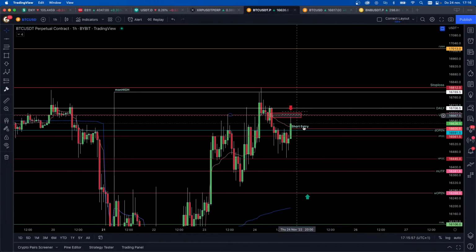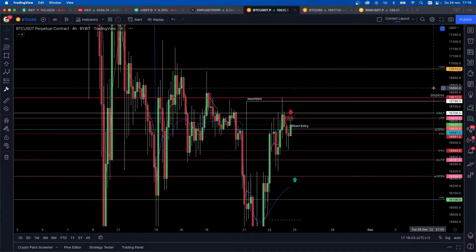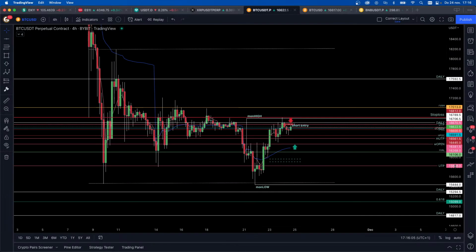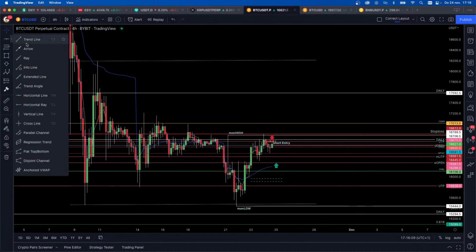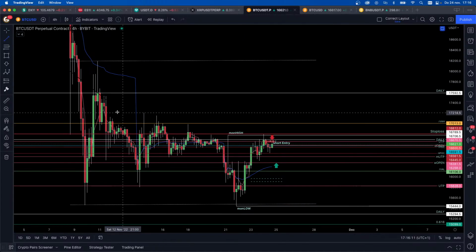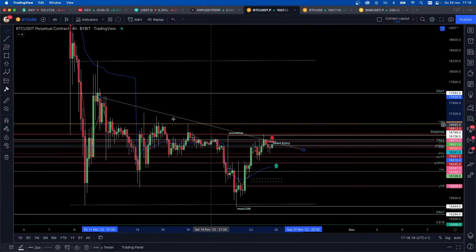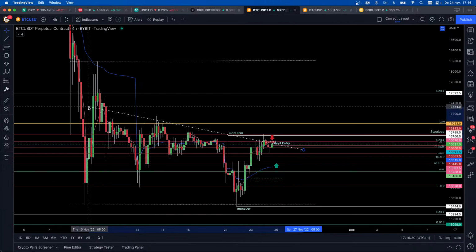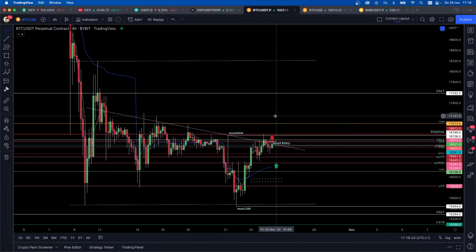This is still my main probability that we do go lower though. Although I did see a lot of these structures break to the upside. You have like your trend line over here. Yeah, I will probably long this then.